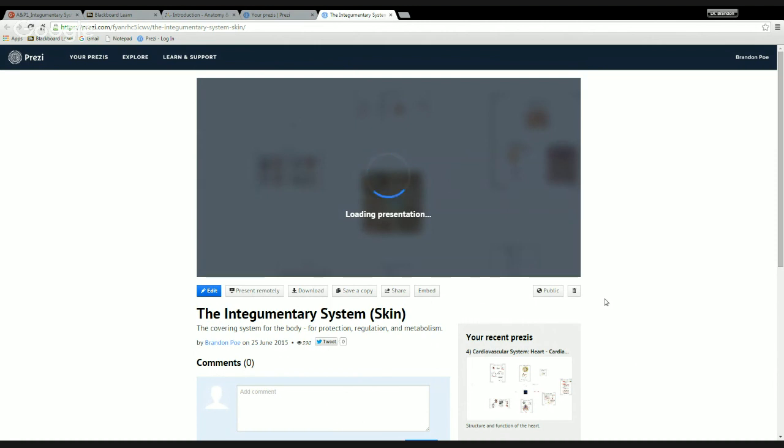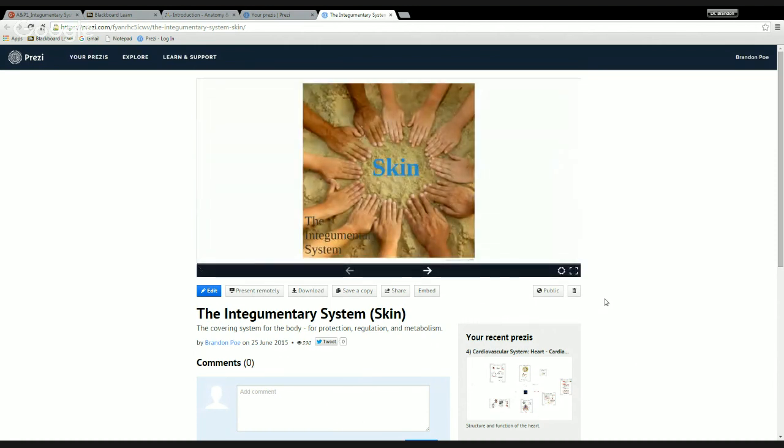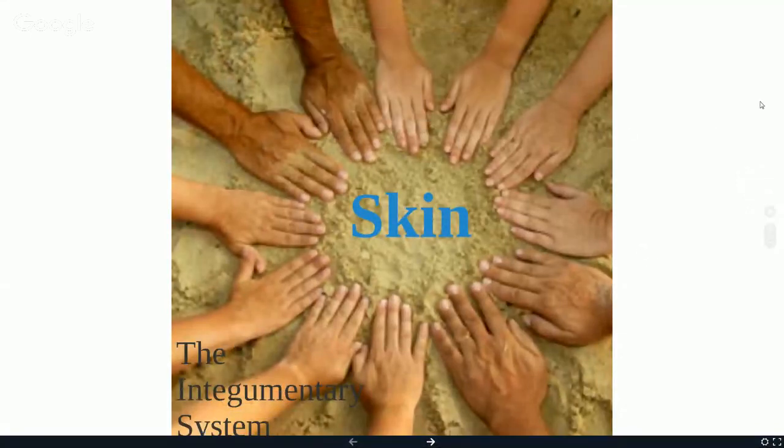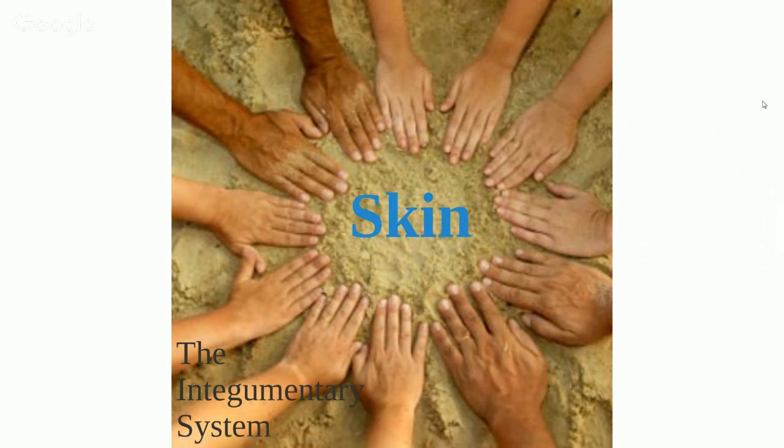But really, I'm going to deal with the skin completely today, everything I want to say about it. I will put presentations up online, which will potentially go into a little bit more detail about things, but we'll get to that. Now, really, as a chapter, as an organ system, I don't really think too much of the skin. Okay?